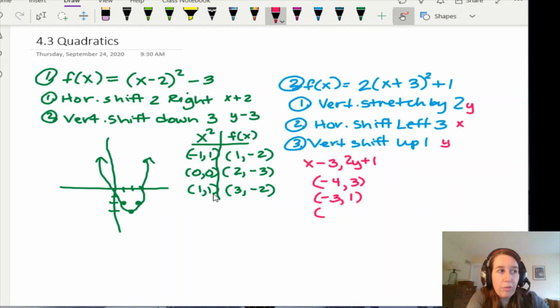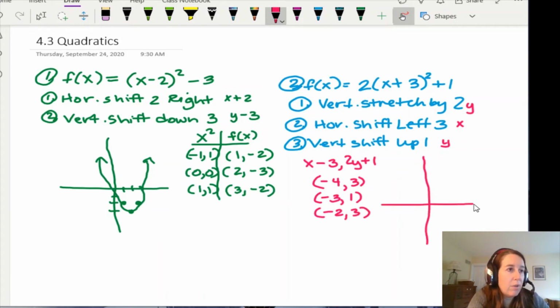And from 1, 1, 1 minus 3 is negative 2, and 2 times 1 plus 1 is 3. So when we graph this one, we're going to negative 4, 3, then negative 3, 1, and then negative 2, 3.